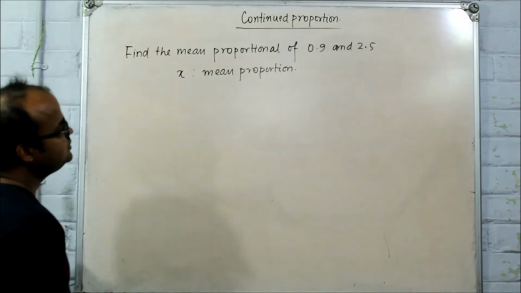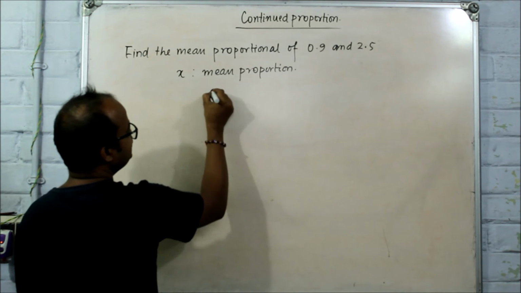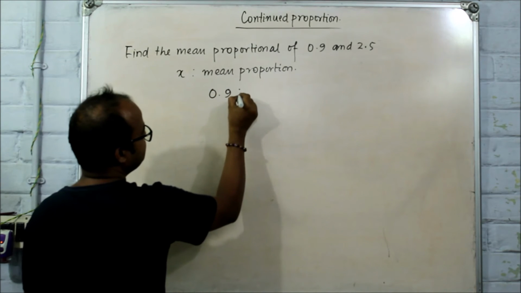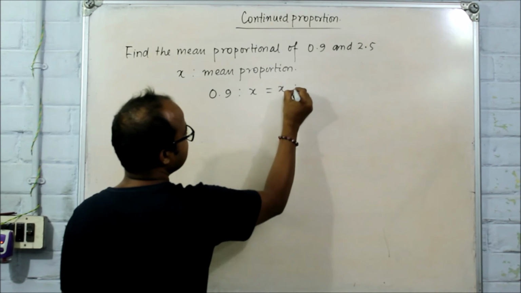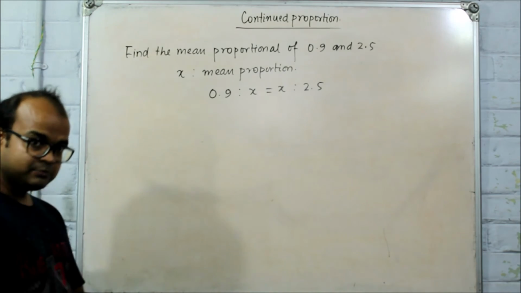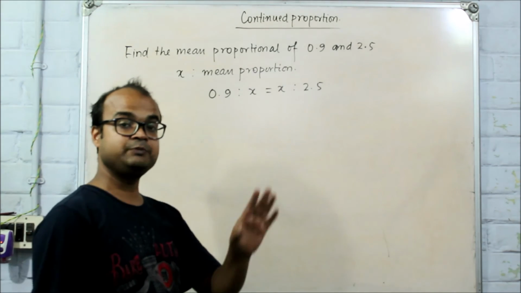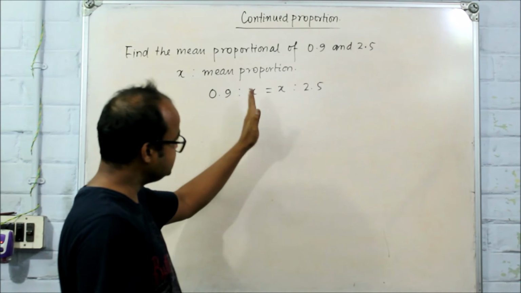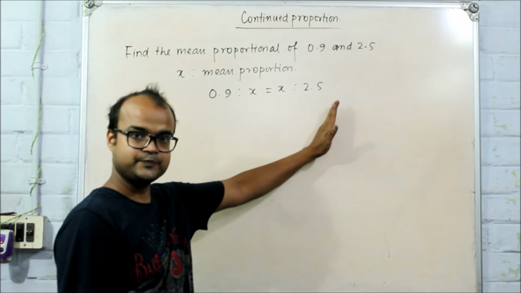So we can say that 0.9 is to x is equal to x is to 2.5. Again I am repeating what we learned in continued proportion. Continued proportion means first is to second is equal to second is to third.